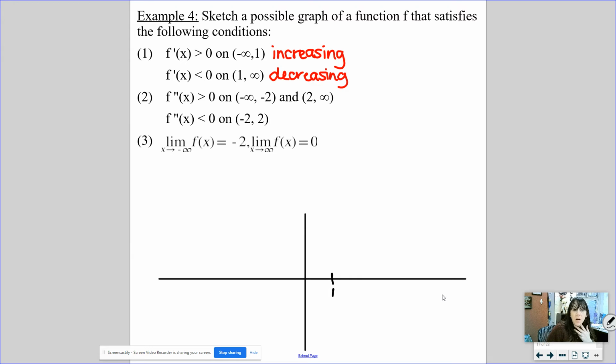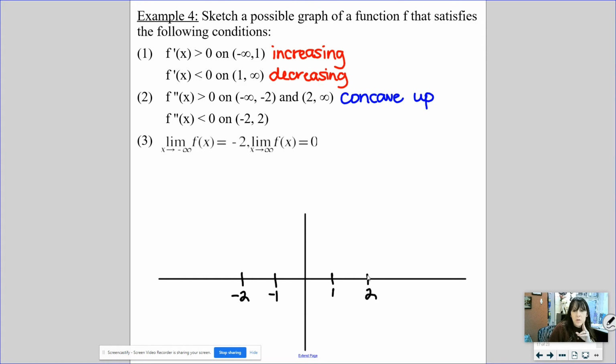Okay. Part 2 tells us the second derivative, which means concavity. The second derivative is positive. So that means it is going to be concave up from negative infinity to negative 2. So I need negative 2. There's negative 2. And then from 2 to infinity.